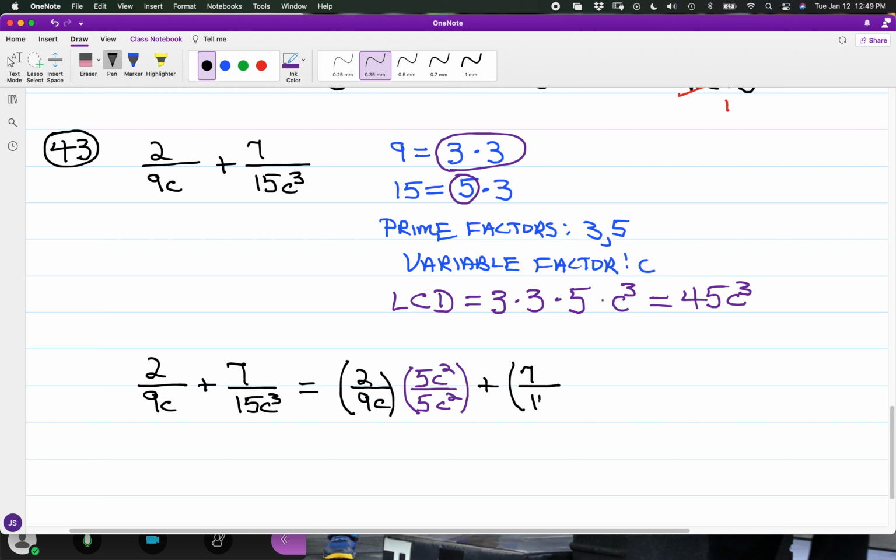As for 7 over 15c cubed, we already have c cubed, so we multiply this ratio by 1 in the form where 15 into 45 is 3 times.